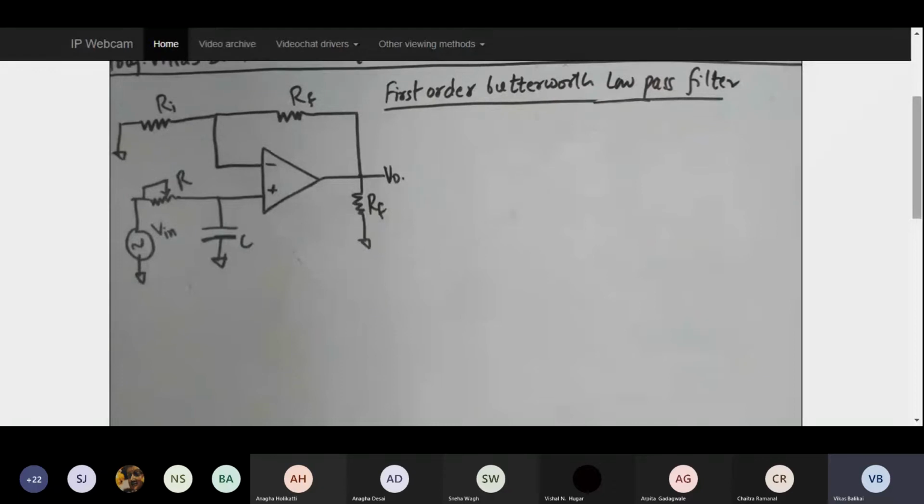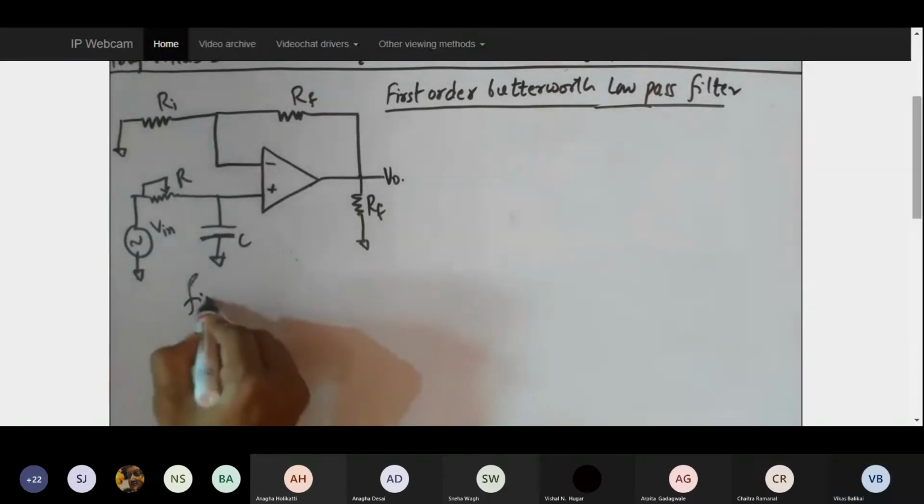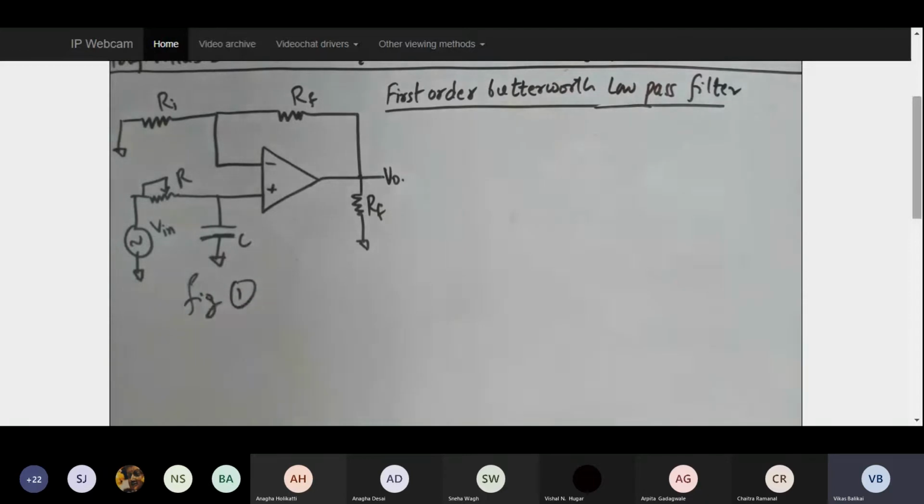So let's try to understand how exactly this first order Butterworth low pass filter is going to work. Now, as you can see on your screen, figure number 1 describes clearly the circuit diagram of the first order low pass filter.